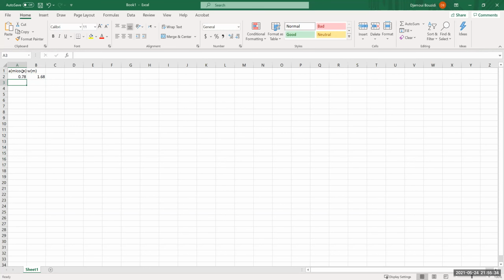I'm going to go down through all of the other values: 0.91, 1.04. Make sure you don't miss any points when you're doing these things, because you could end up with an extra or short of values. And make sure you enter them correctly, otherwise you get more errors.